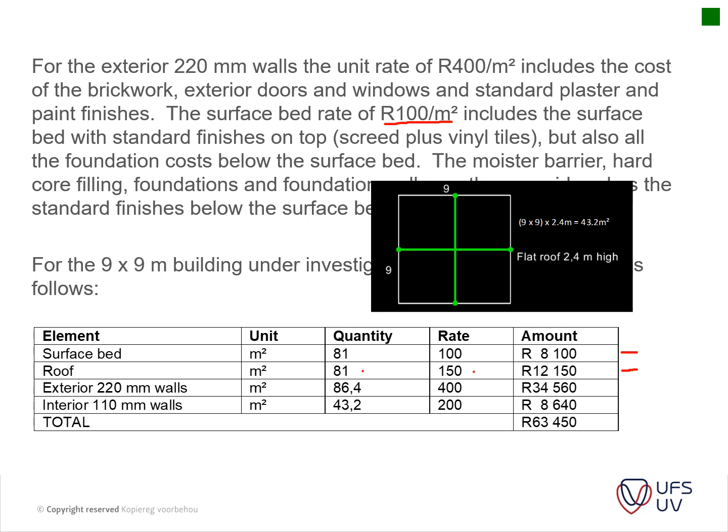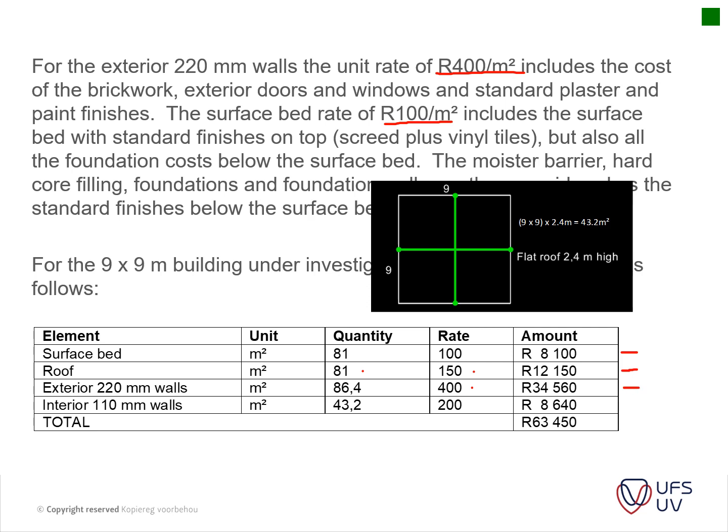It is basically the 9x9 perimeter times a height of 2.4 to get the area, and thus we use the 400 Rand per square meter to calculate that.